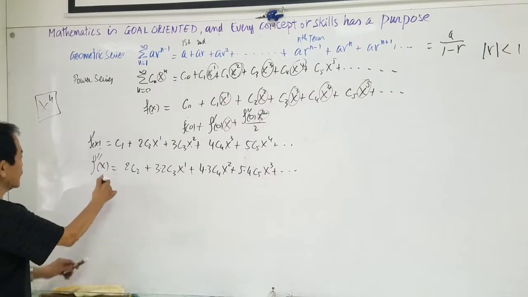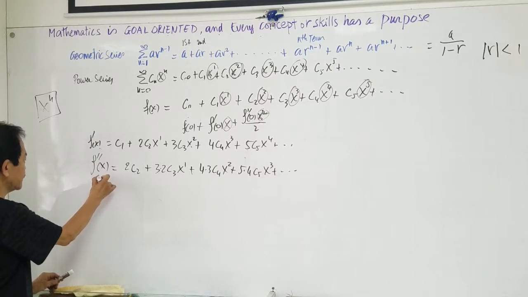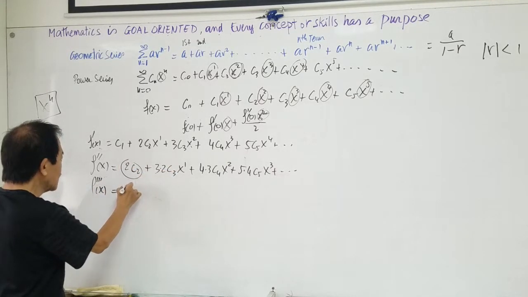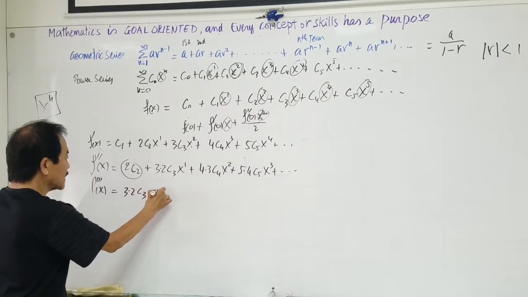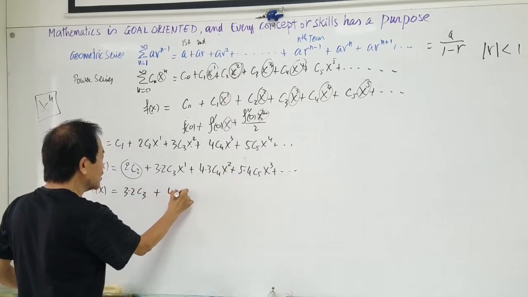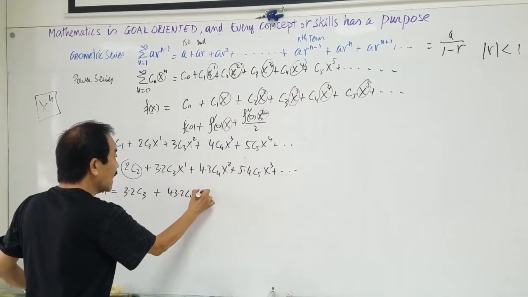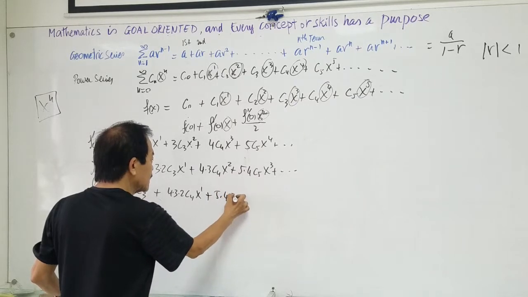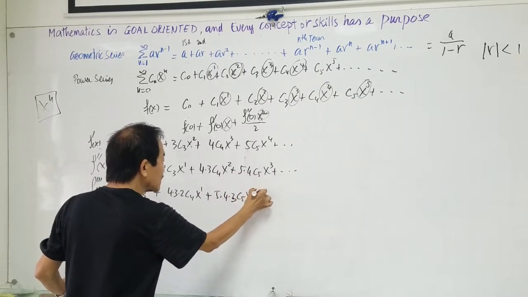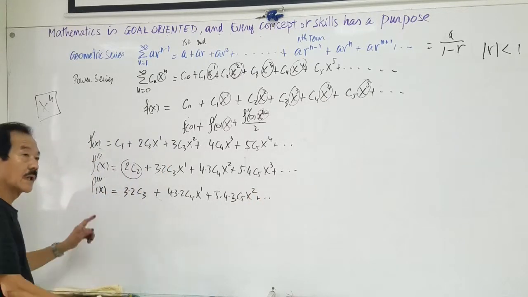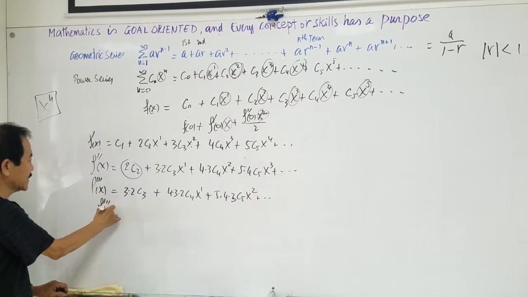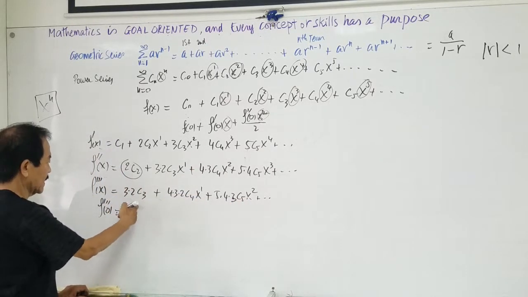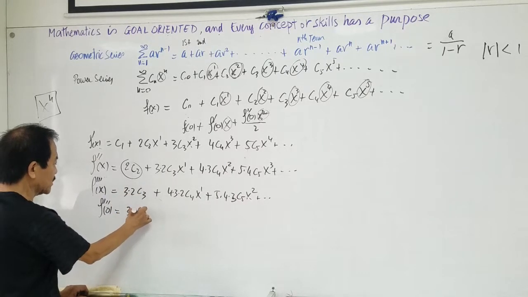Take the third derivative, f third derivative of x. Derivative of the constant equals 0. Derivative of this one equals 3 times 2 C3. Derivative of this one equals 4 times 3 times 2 C4 x to the first power, plus 5 times 4 times 3 C5 x squared, and so forth. Now I put 0 in here. Third derivative at 0 equals, put 0 here, gone, put 0 here, gone, and I'm going to have 3 times 2 C3.